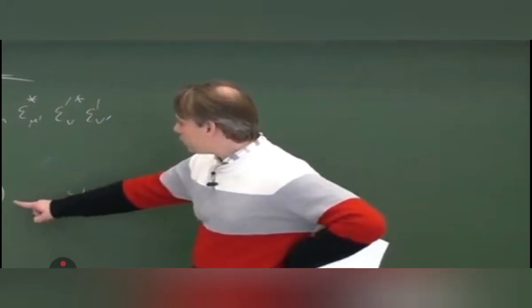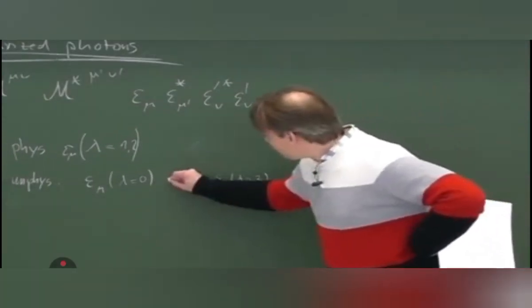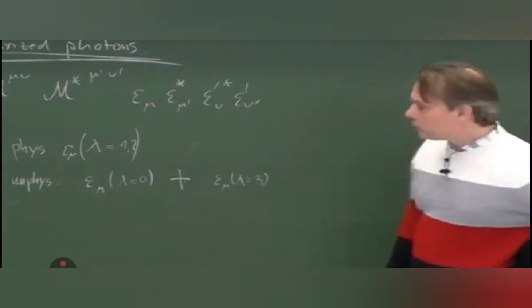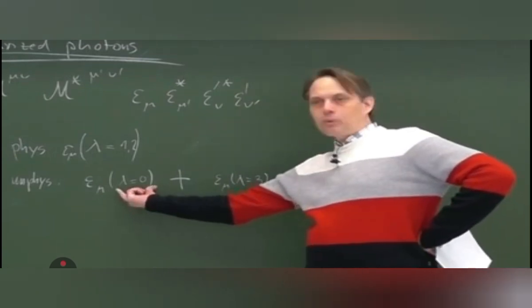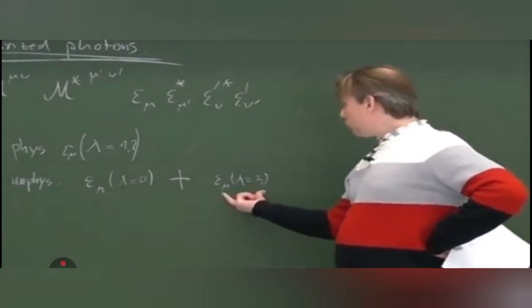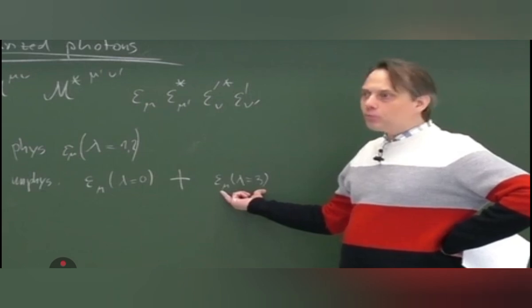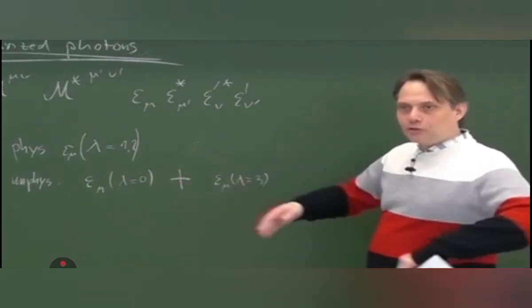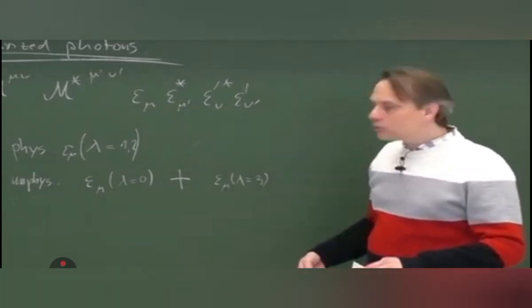But anyway, the two satisfy a relationship. Namely, if I add them, I get something simple. This had a 1 in the 0 component, and this was just a spatial momentum in the spatial components, but a 0 in the 0 component. If I sum the two, then I get exactly the momentum 4-vector of the corresponding photon up to a normalization.